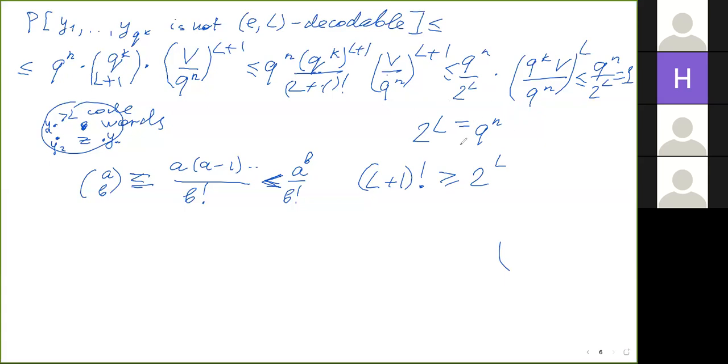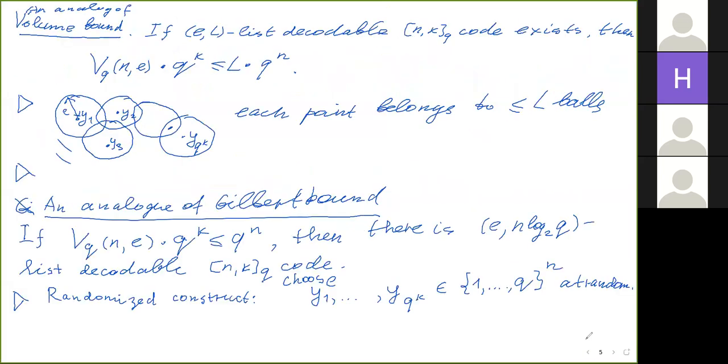And just taking the logarithm of that, we see that we need to choose L equal to log of q to the n, which means n log q. So you see that our choice of L, indeed, we have chosen L as n log q, and so we obtain indeed a list-decodable code. Moreover, the theorem, as you see, is proved by a randomized construction.